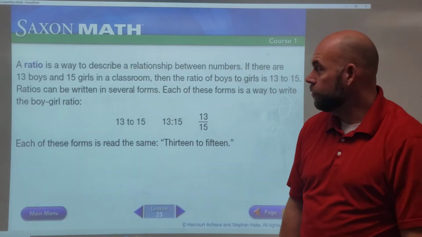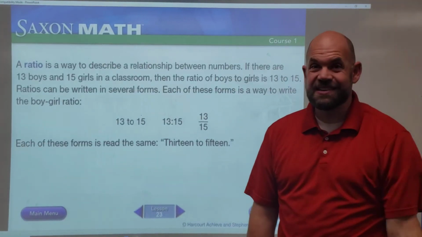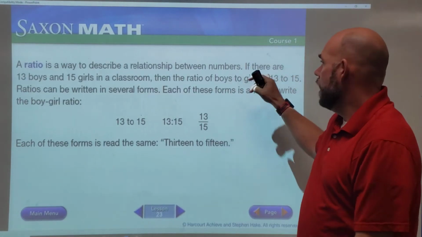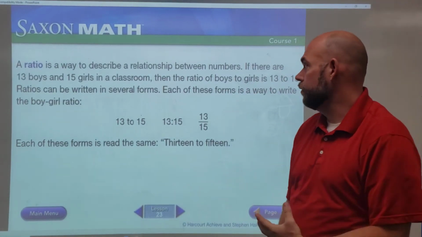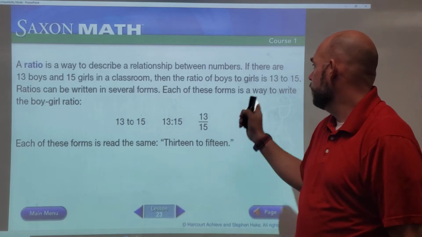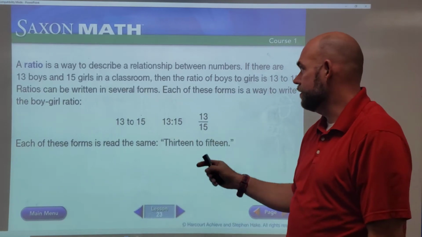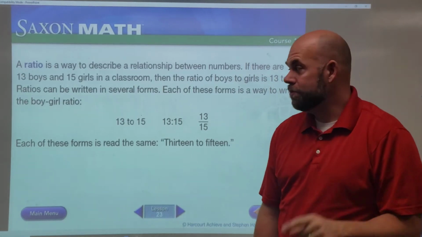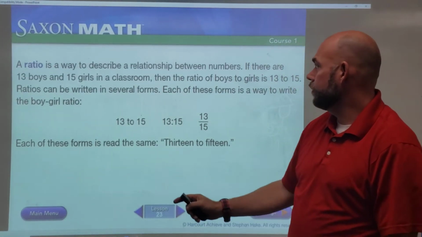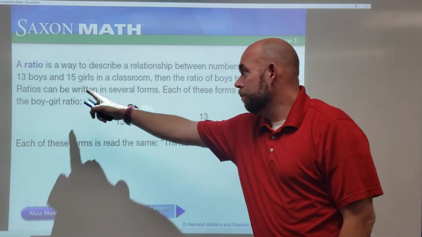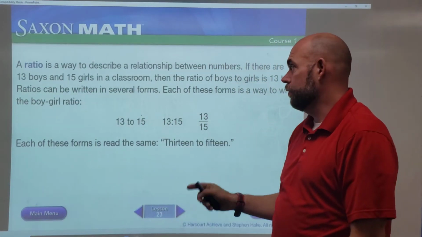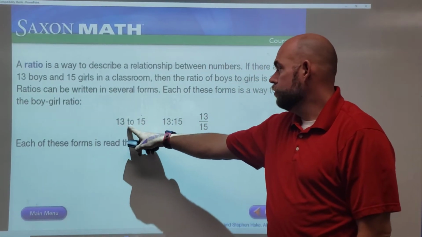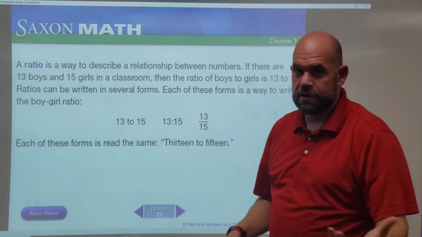All right, so a ratio is simply a way to describe a relationship between numbers. If there's 13 boys and 15 girls in a class, then the ratio of the boys to girls is 13 to 15. So we can write this in three different ways, and the order does matter. So boy to girl ratio, that means the boy number will be first and the girl second. So 13 to 15, you can just write it 13 to 15.